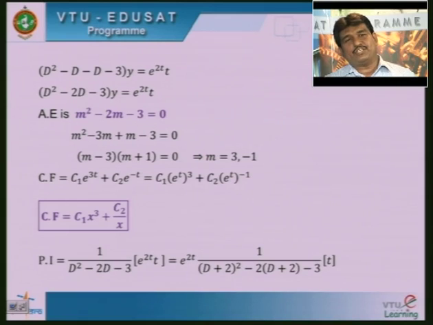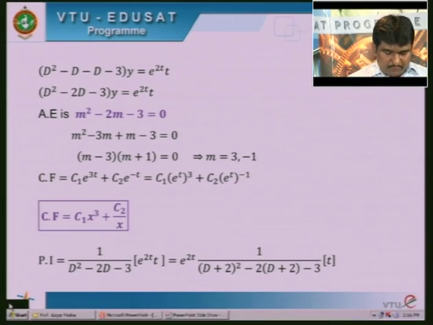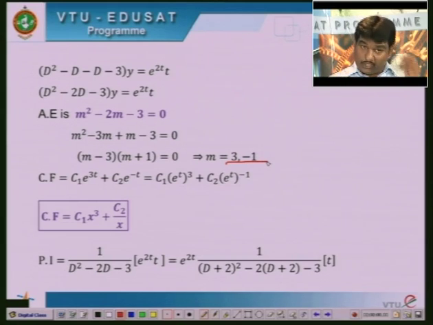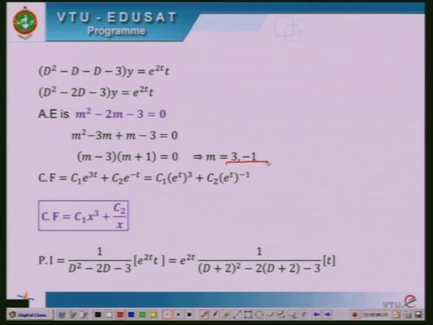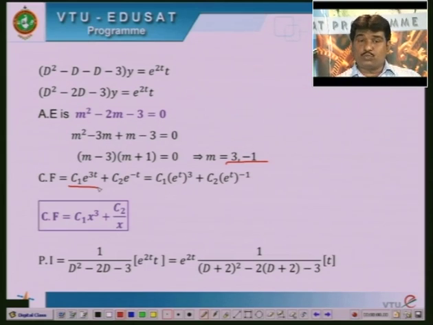Its auxiliary equation is m square minus 2m minus 3 equals 0. You factorize it to get the roots of the equation as m equals 3 and minus 1. Complementary function corresponding to the root 3 is c1 into e to the power of 3t, and corresponding to minus 1 is c2 into e to the power of minus t.